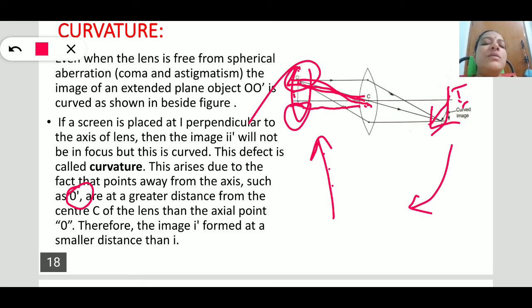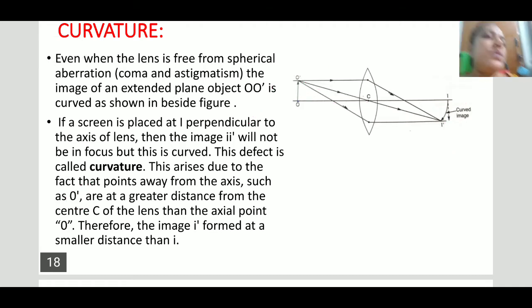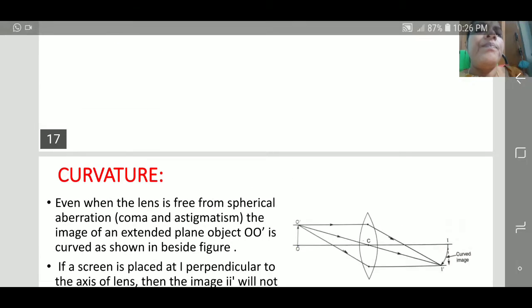Therefore the image is formed at a smaller distance.